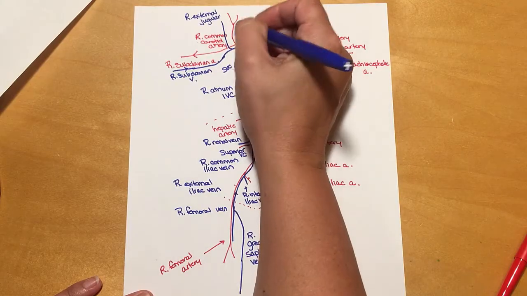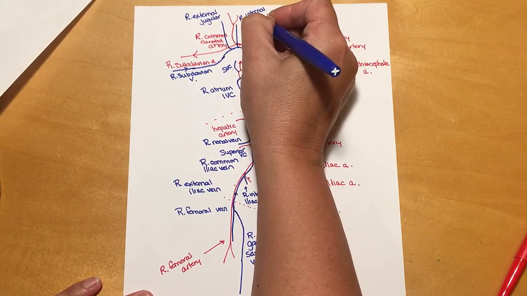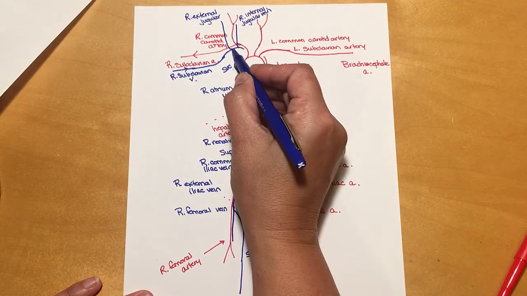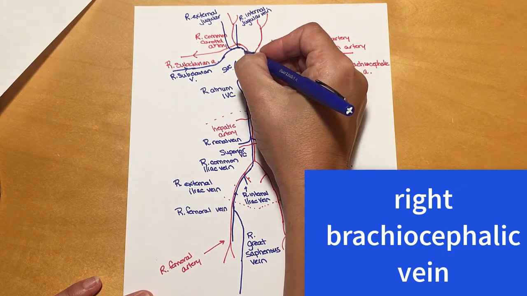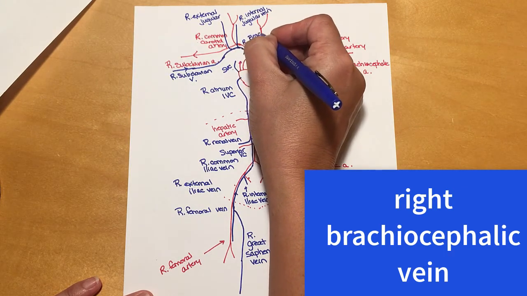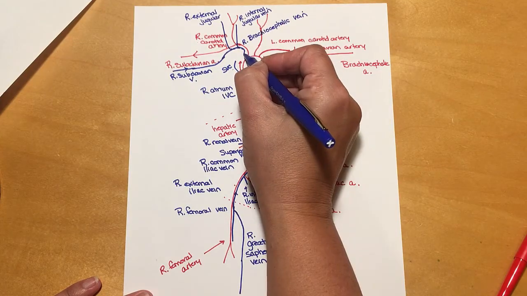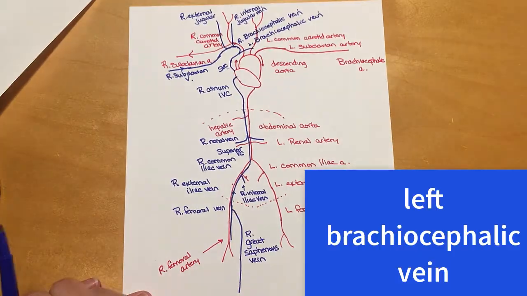And the one on the inside is going to be the right internal jugular vein. And then once these have all come together, this forms the right brachiocephalic vein. It joins together with the left brachiocephalic vein to make the superior vena cava.